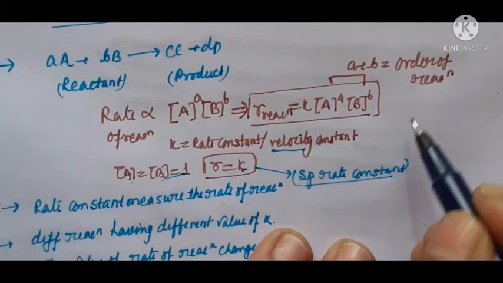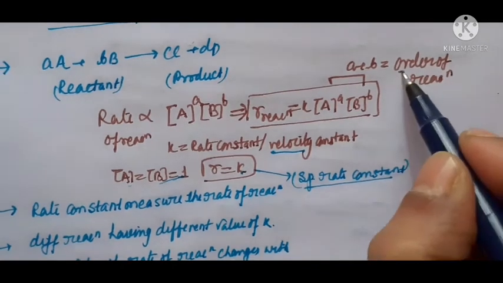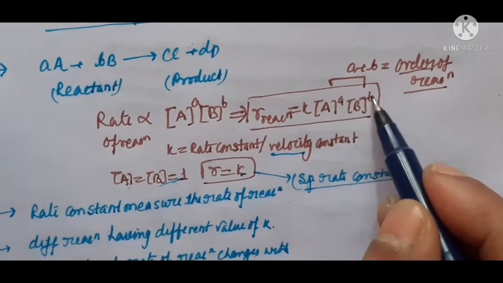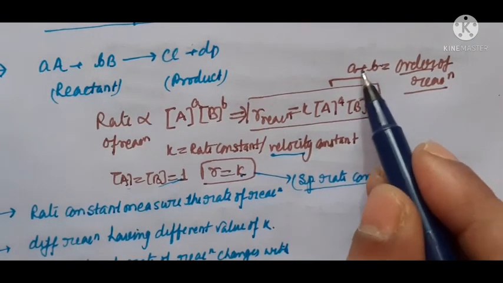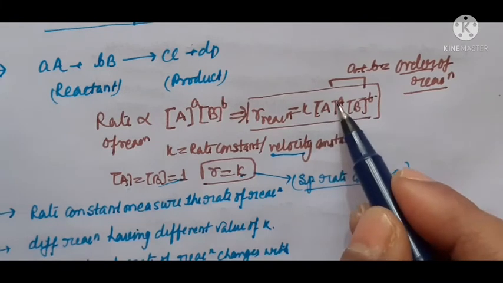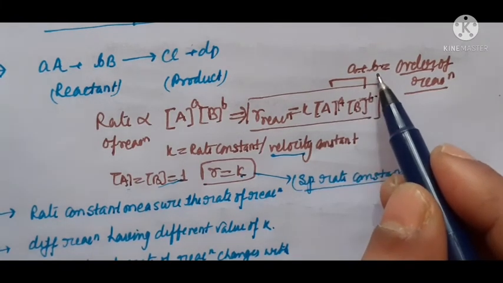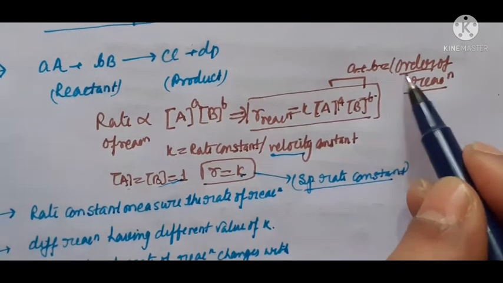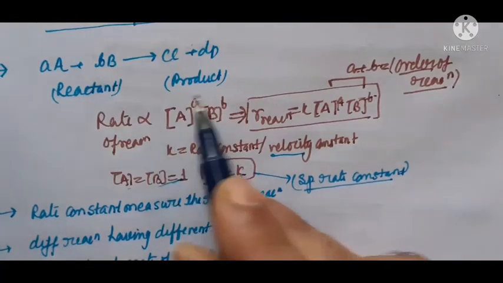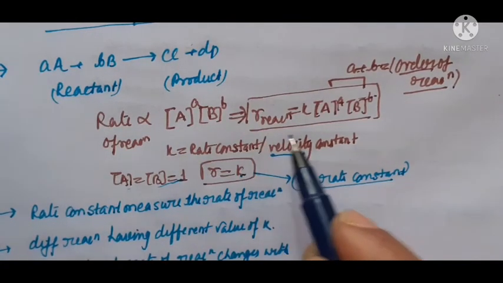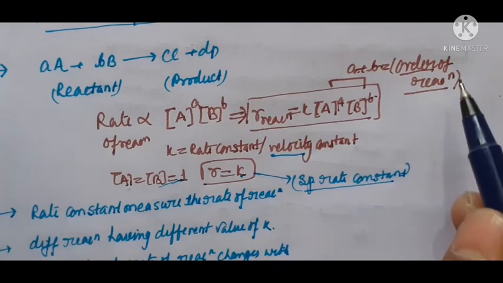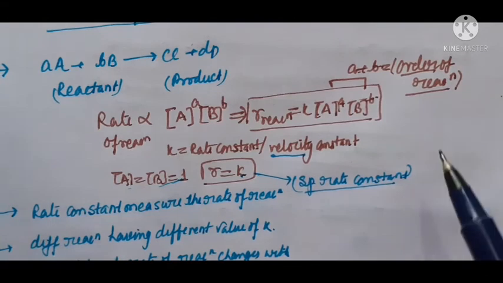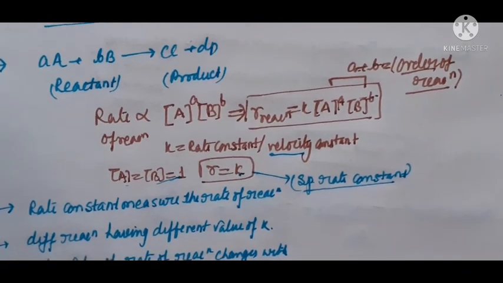So we can define order of reaction as the sum of the powers of the concentration terms of the reactant molecules in the rate determining step. That is called order of reaction. So by knowing this rate law expression, we can also find out the order of reaction. We will discuss order of reaction in detail in our next segment.